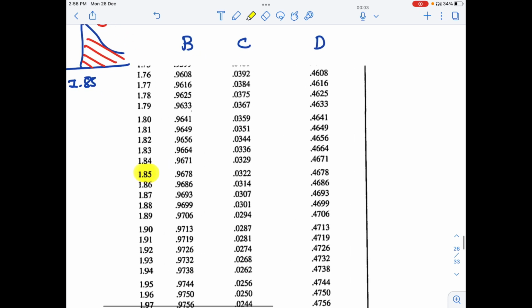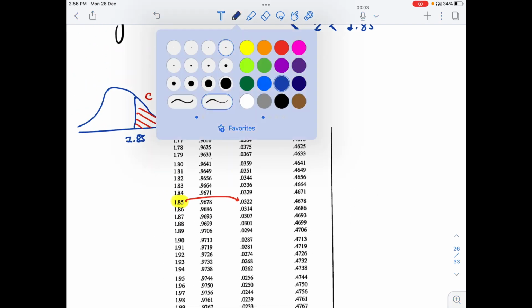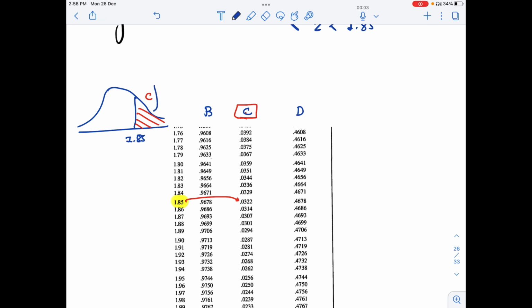This is the value, and now you look in the C portion, which is 0.0322. So the probability of a value coming in this portion will be 0.0322 or 3.2%. In the same way you can calculate it for B.